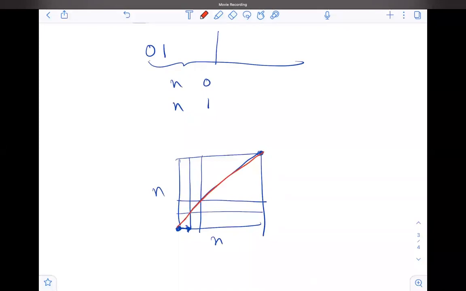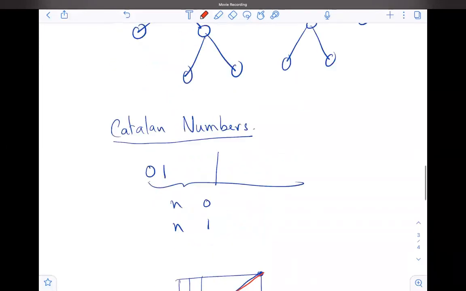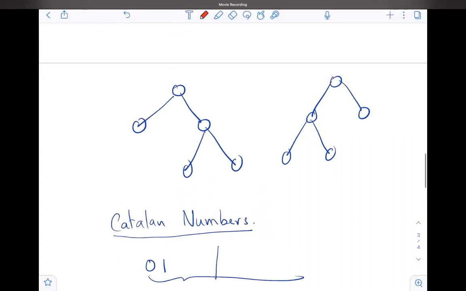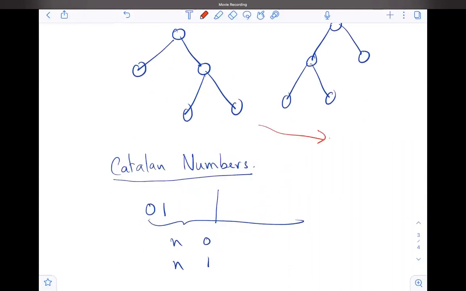By the way, the number of rooted ordered trees, what we are talking about, is also equal to that.